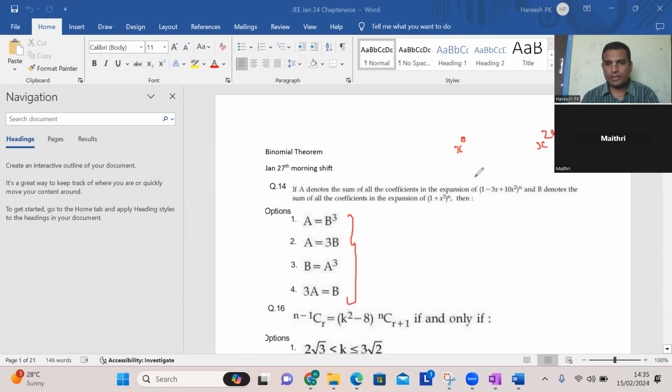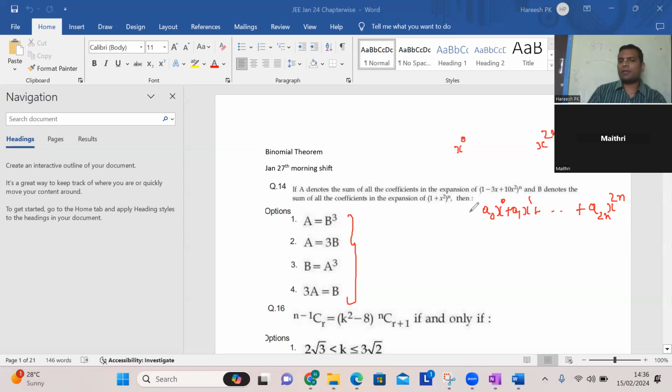When you expand, this will look like a polynomial like this: A0 x⁰, A1 x¹, and lastly A2n x²ⁿ. Is it clear? I'm not writing nC0 and all, because along with nC0 there will be these coefficients also coming. So all of them combined I'm writing as A0, A1, etc.